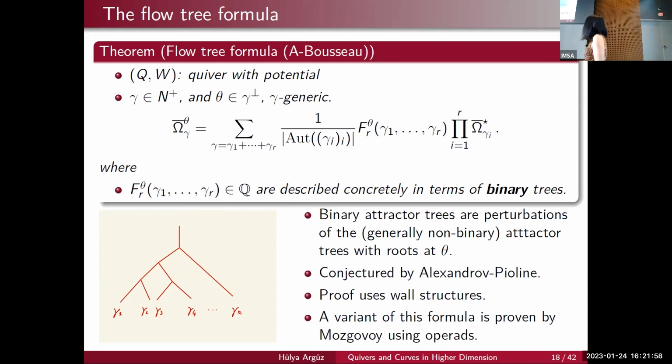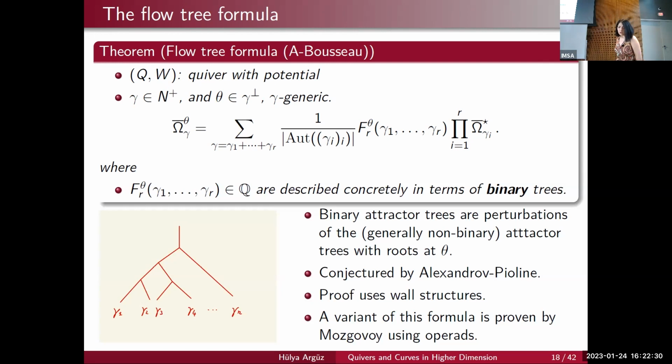So I draw here a binary tree. These are simple trees where if you start at your point theta and orient them away from this point theta, each time you cross a vertex, you divide into two directions. So they're trivalent trees. And this formula was conjectured, that you can find this relationship between general DT invariants and attractor DT invariants, by some physicists.